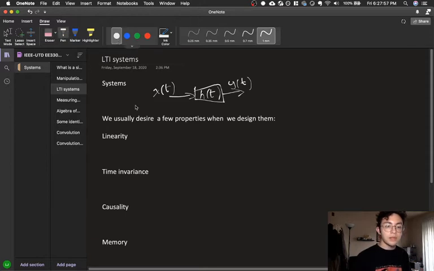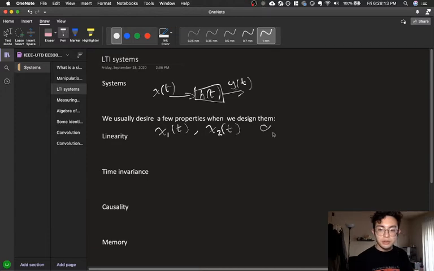So we're going to have a signal x1 of t and some other signal x2 of t. And this system will act on these two signals for all of these properties.